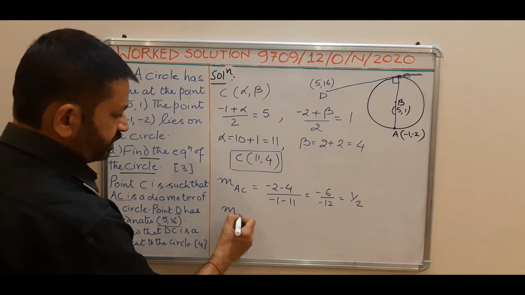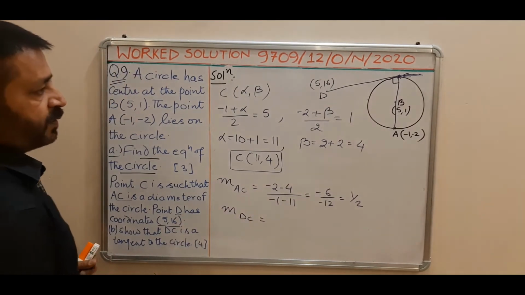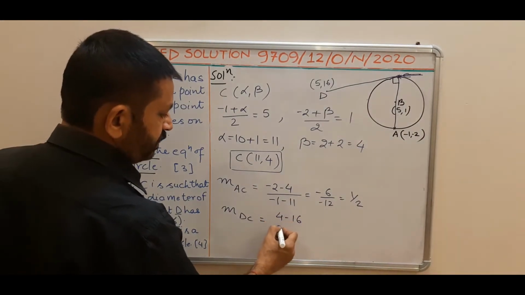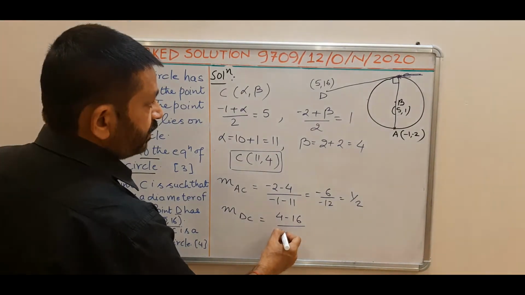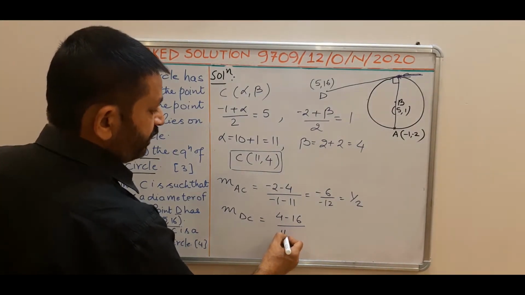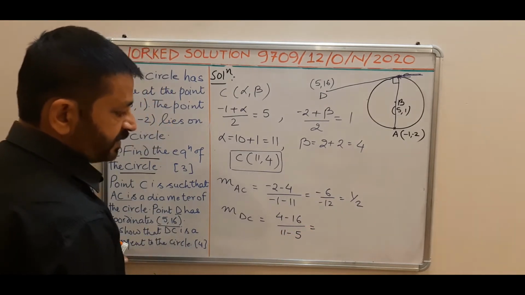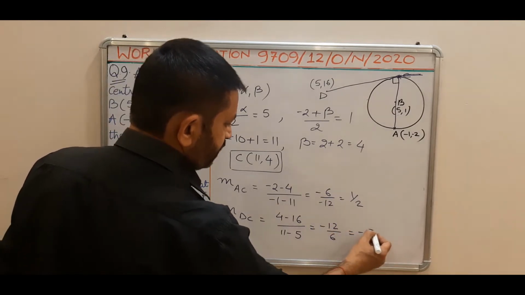Now find the slope of the DC line. It will be 4 minus 16 upon 11 minus 5. 4 minus 16 will be minus 12 upon 6. It comes as minus 2.